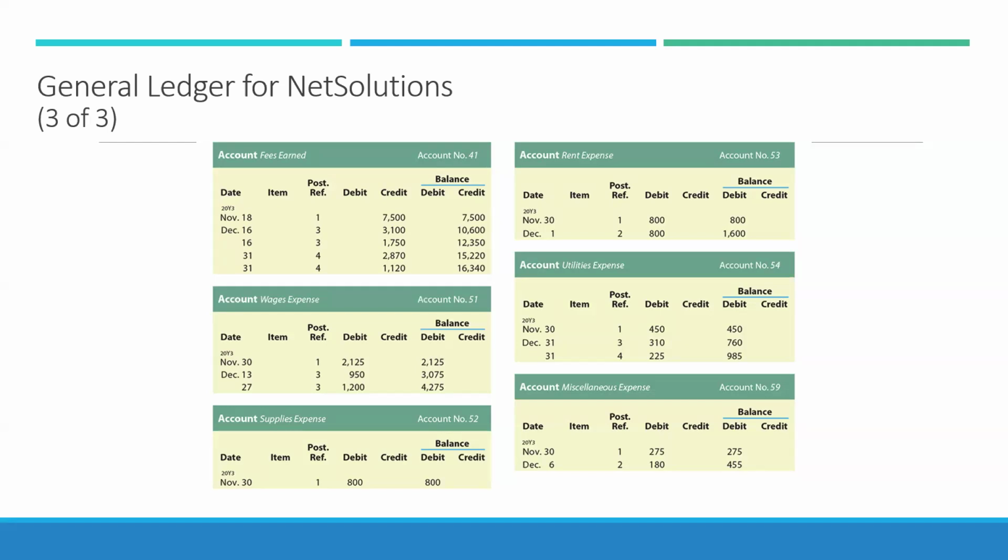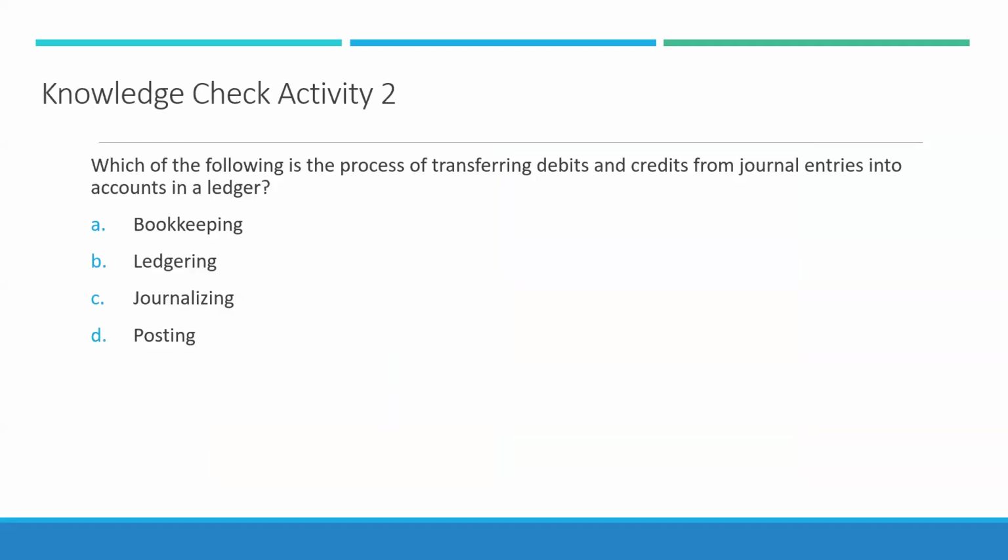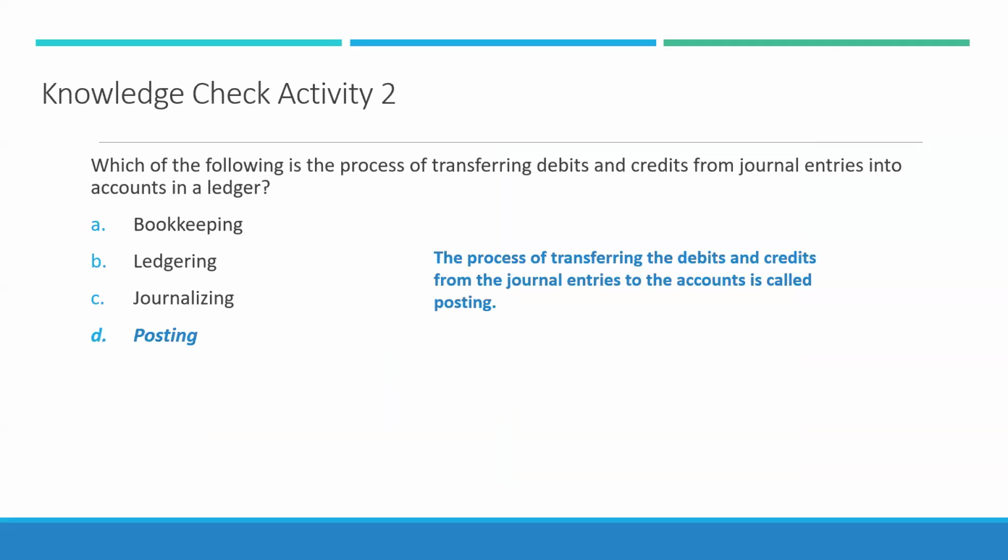Now it's all done by computers, but the reports are still generated by the accounting software so that people can see what the balance was throughout the period and what the transactions were that impacted each account. Which of the following processes is transferring debits and credits from journal entries into the general ledger? Posting, exactly.